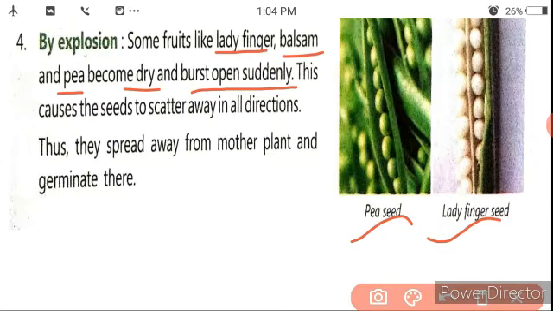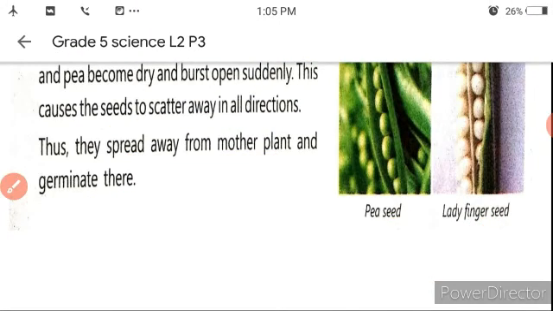If it bursts open, the seeds are scattered in all directions, isn't it? Thus, they spread away from the mother plant and germinate there. So, children, these are all the ways the dispersal of seeds takes place. Hope you understand this topic. Yes, children?